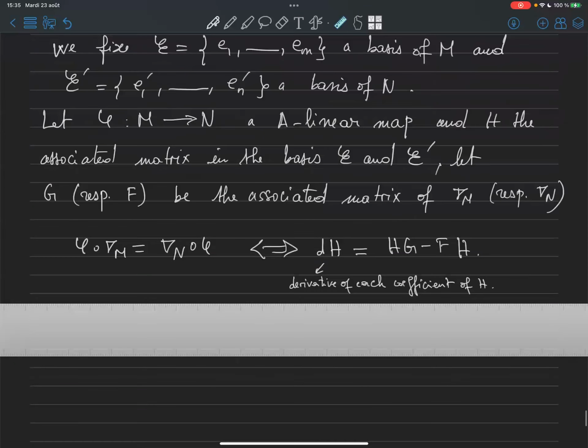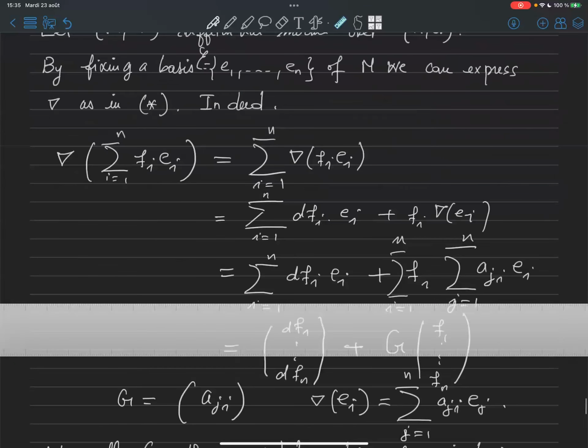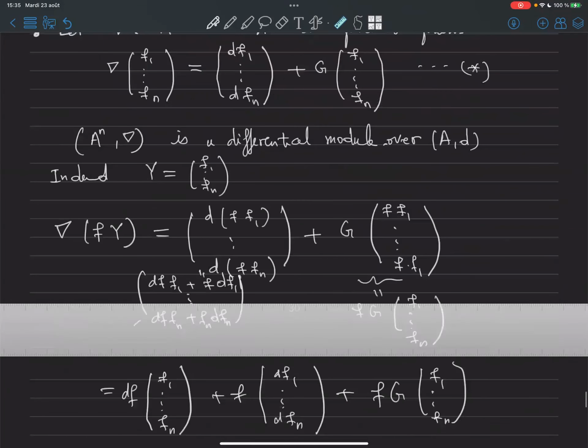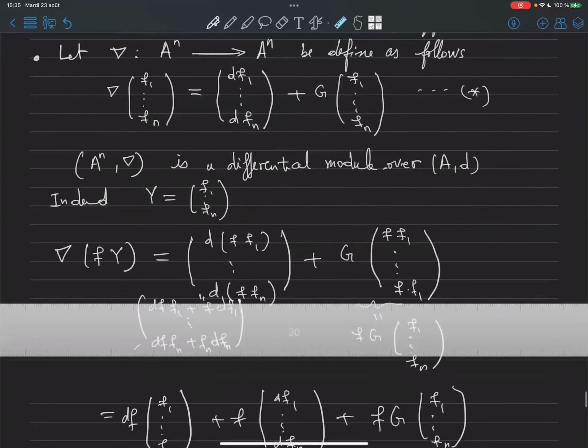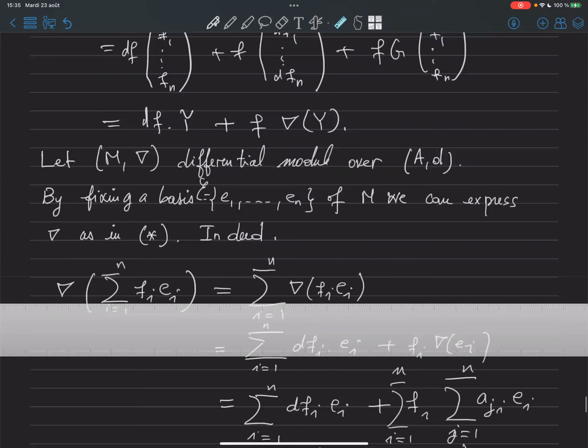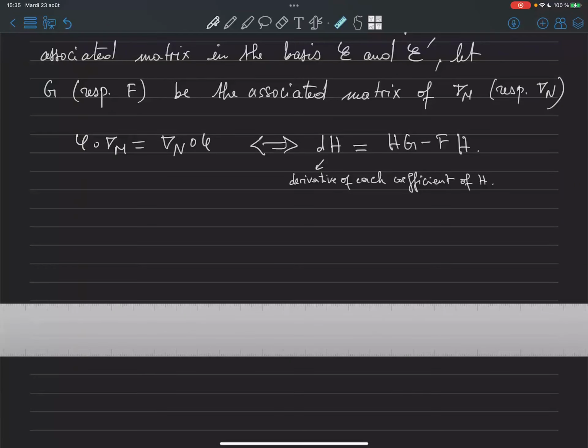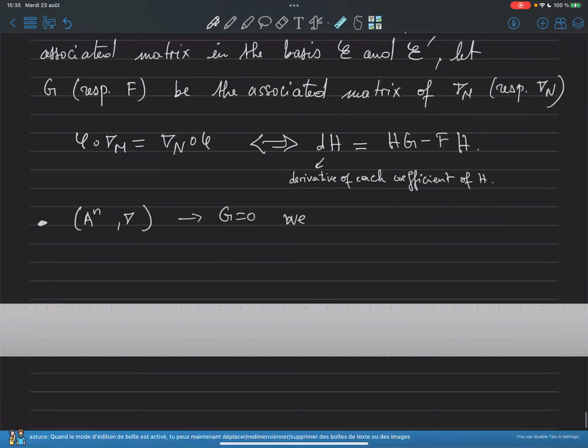In the beginning, I forgot to say that in the case of, let's see. Here, if I have the associated matrix G equal to 0, we take just the derivative of each coefficient.